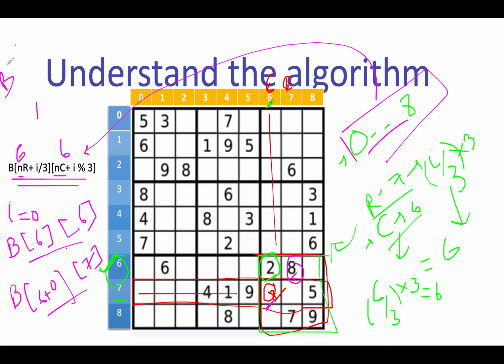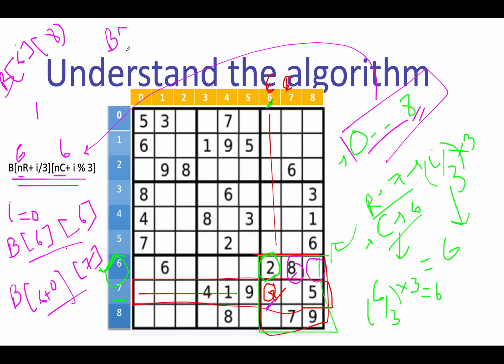Next we have I equals 2, and at I equals 2 we'll get 6 plus 2 by 3, which is 6. Then we have 6 plus 2 modulus 3, which is 8. So it will take care of this particular index. Let's assume the next entry as I equals 8.